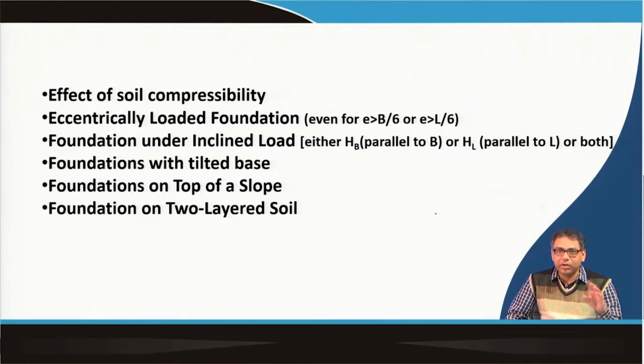But if the load is parallel to B or parallel to L, or horizontal loads are present both parallel to B and parallel to L, then what will happen? How will I calculate the bearing capacity using different theories? That is also important. So, that thing will be discussed.